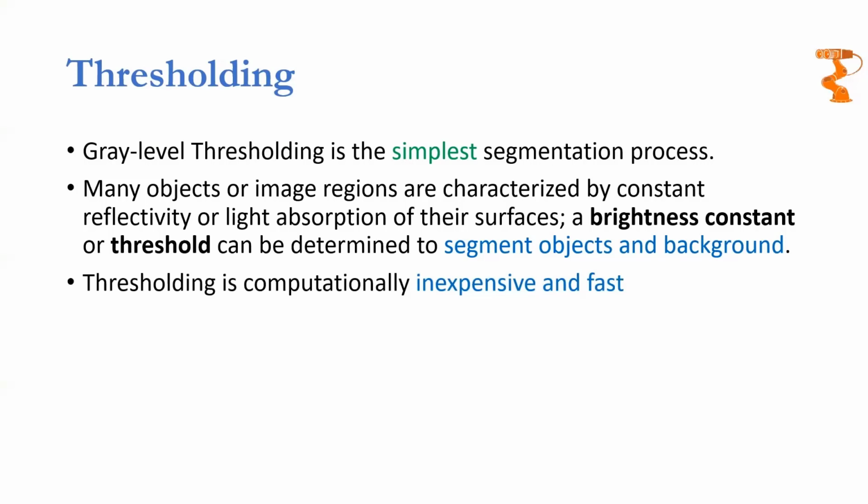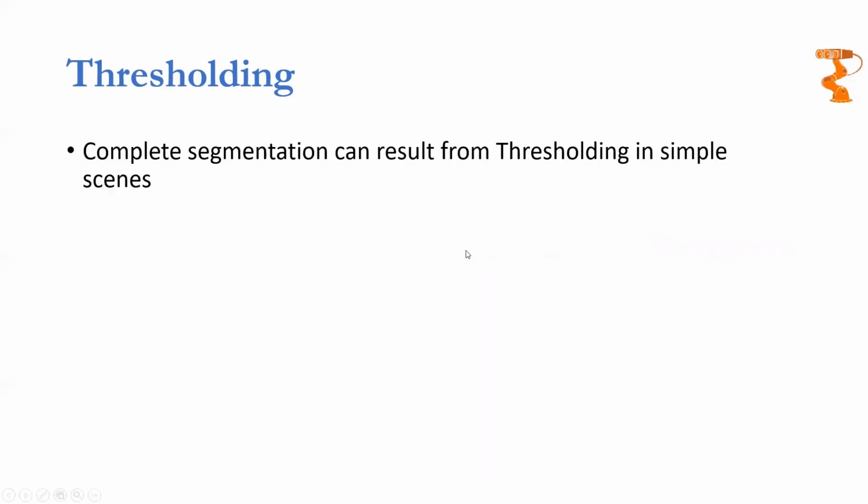It is computationally inexpensive and quite fast, so that's why it is used quite commonly. As I've already said, complete segmentation can result from thresholding, but only in quite simple scenes. For complex scenes, complete segmentation is not going to happen.